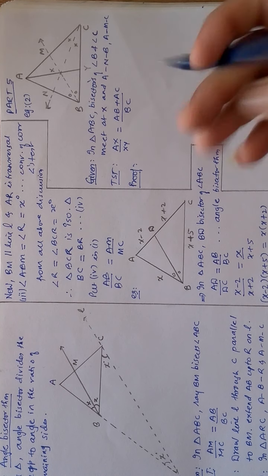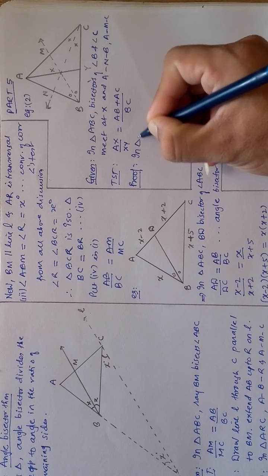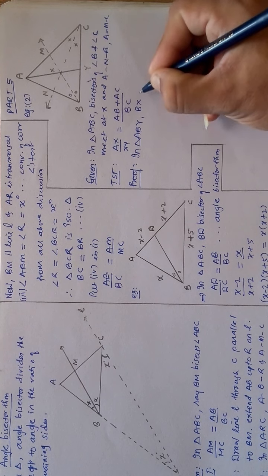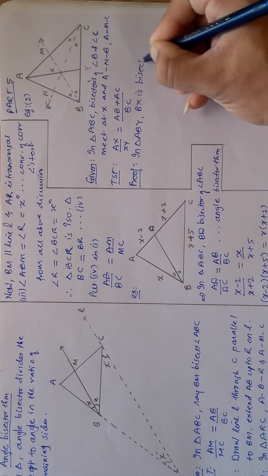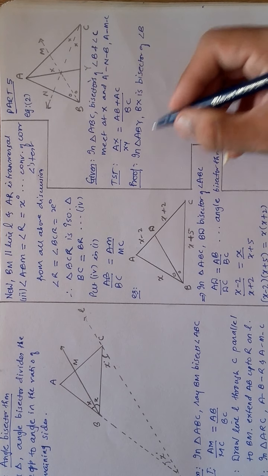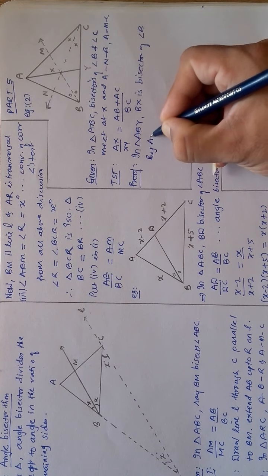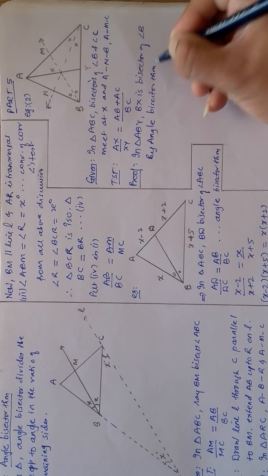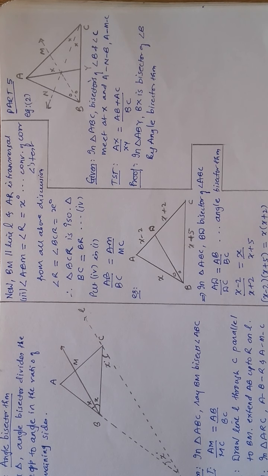When I take triangle ABY, in triangle ABY, I have BX as the bisector of angle B. So obviously by the angle bisector theorem, I have the ratio of sides, that is, the ratio in which the angle bisector divides the opposite side.